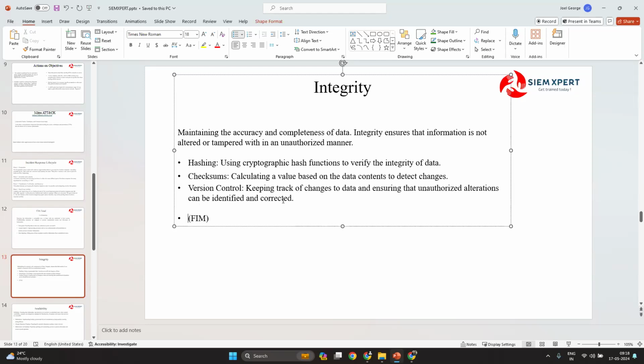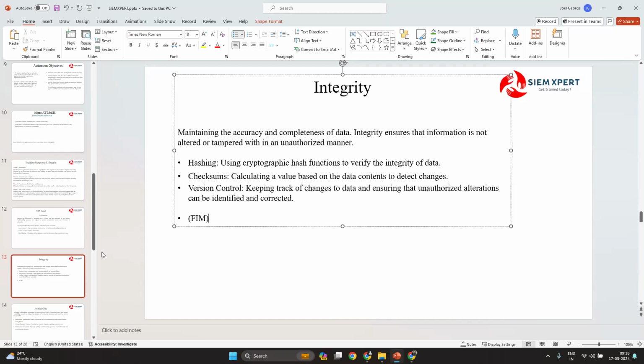If you have set it up in your organization, it tracks file changes and notifies you, for example, about a core system which only has limited access. This is where you would implement file integrity monitoring, so that any small unauthorized change can be identified at an early stage and remediated as soon as possible.